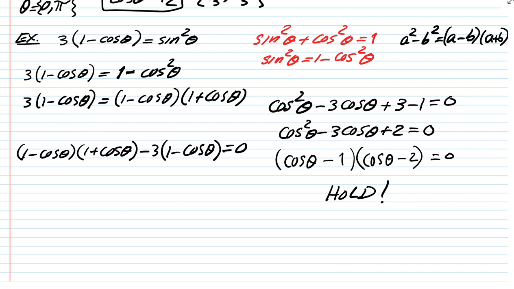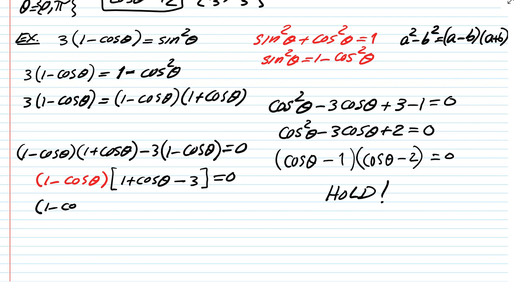Okay. And now the correct way is to factor the common binomial. So I'm going to factor 1 minus cosine theta from this expression, leaving me 1 plus cosine theta, that's this one, and -3, correct, equals 0.